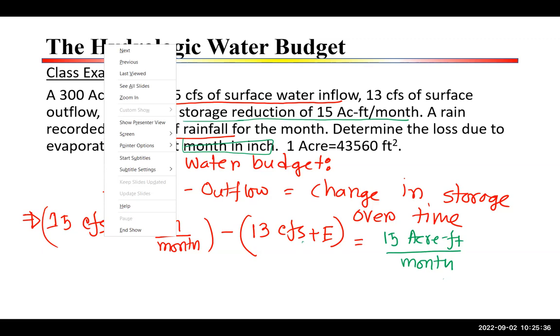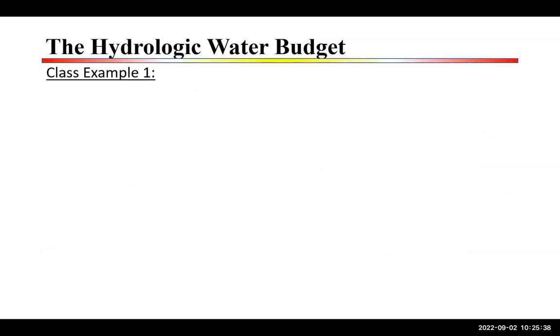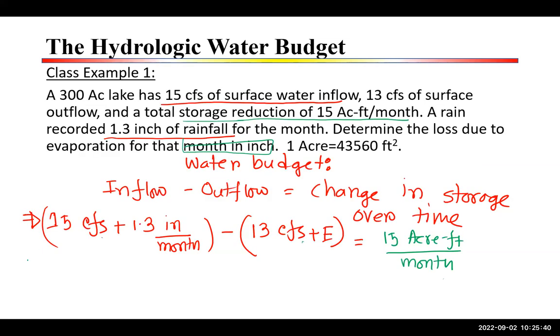Okay, so what we will do, obviously that will be a huge conversion. Before doing that, we have 15 CFS and 13 CFS. They have the same unit. So can I write down 2 CFS so that I don't have to do it twice?